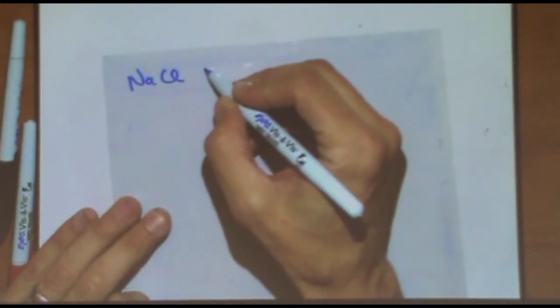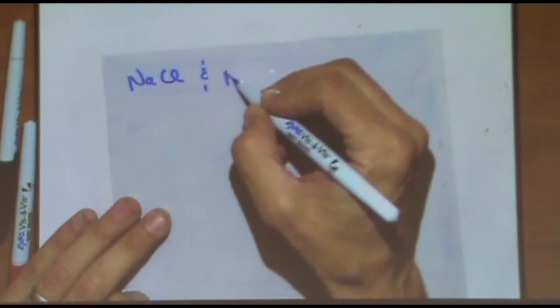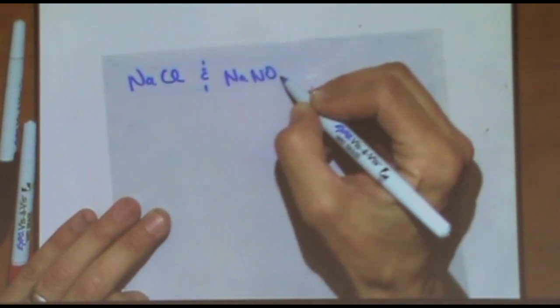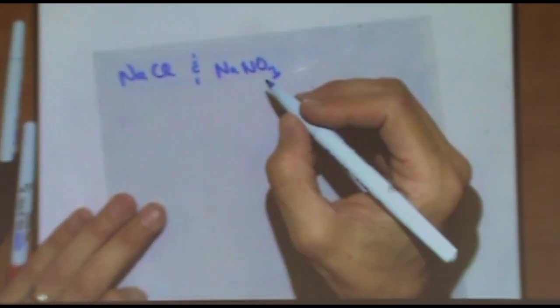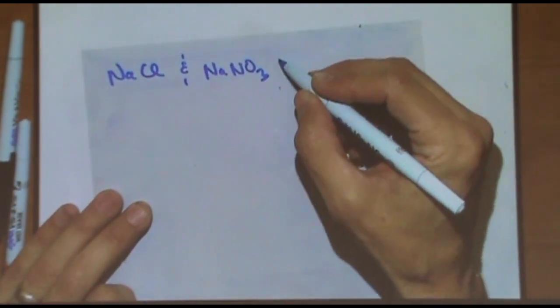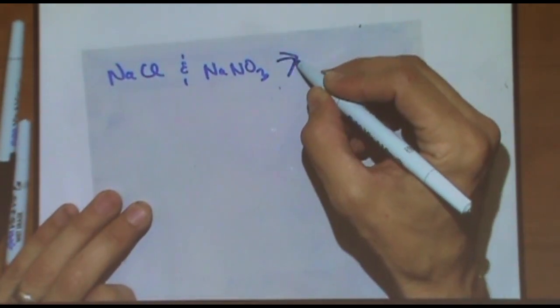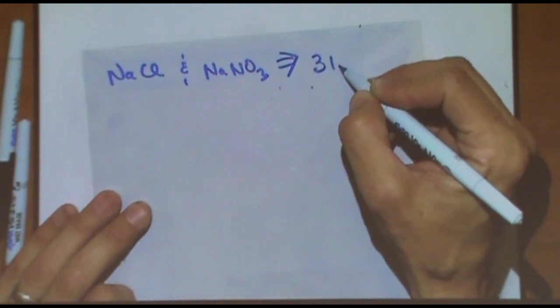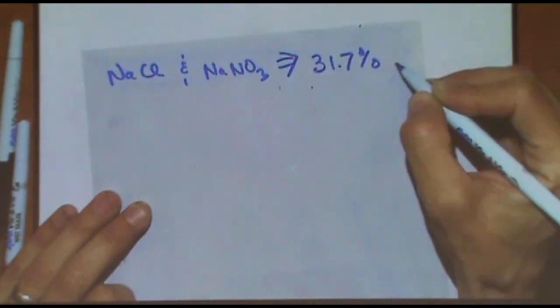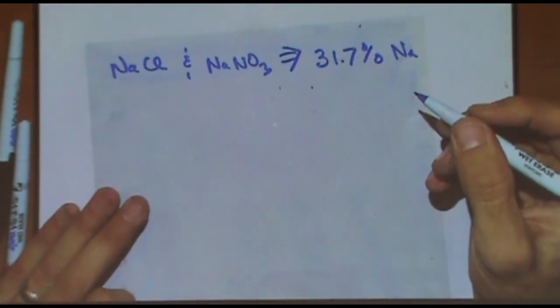You've got this and this. That leads to 30% sodium by mass.